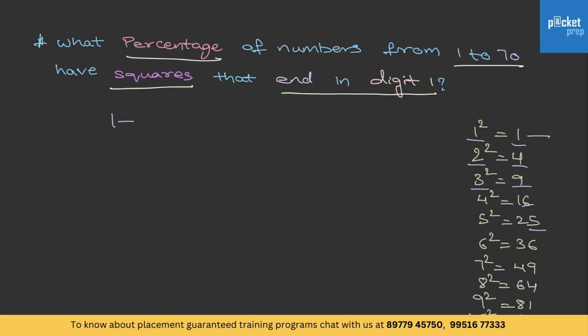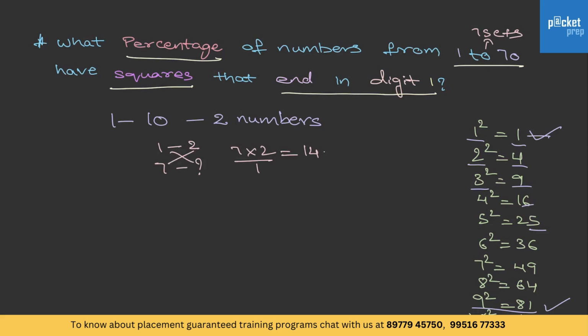If we take from 1 to 10, 1 square ends with 1 and 9 square ends with 1. So from 1 to 10, there are two numbers following that particular case. 1 to 70 can be made into 7 sets. So, if one set has 2 members, then 7 sets will have 14 numbers.